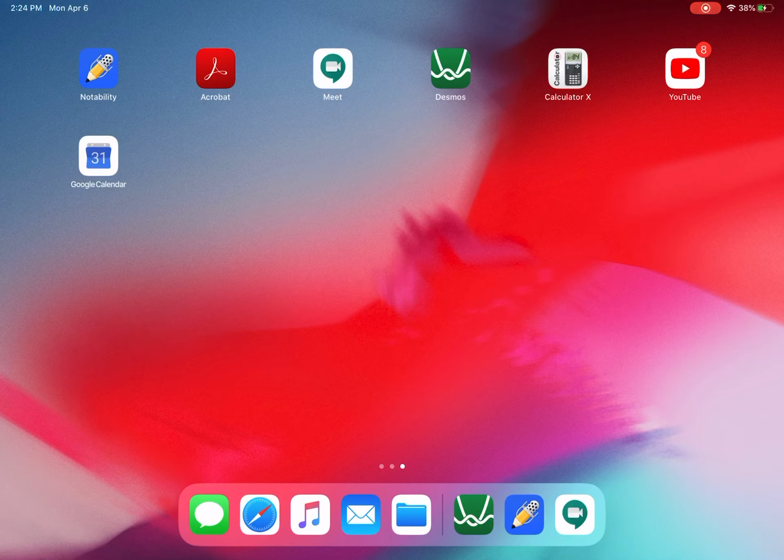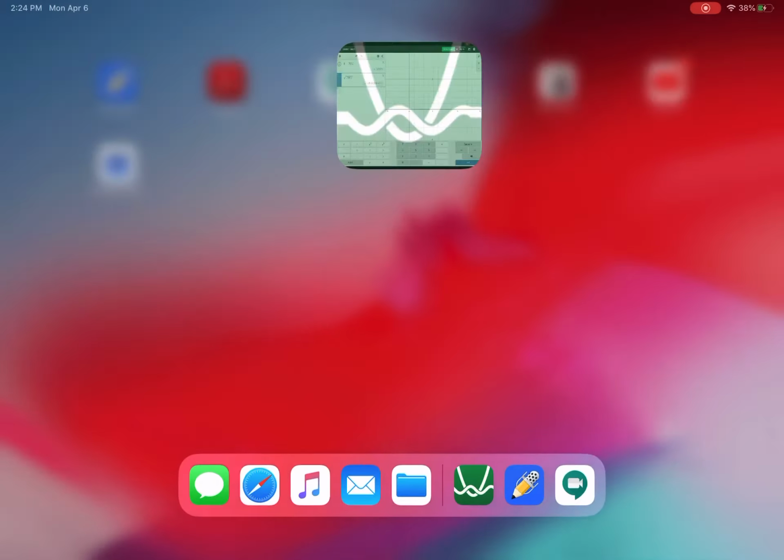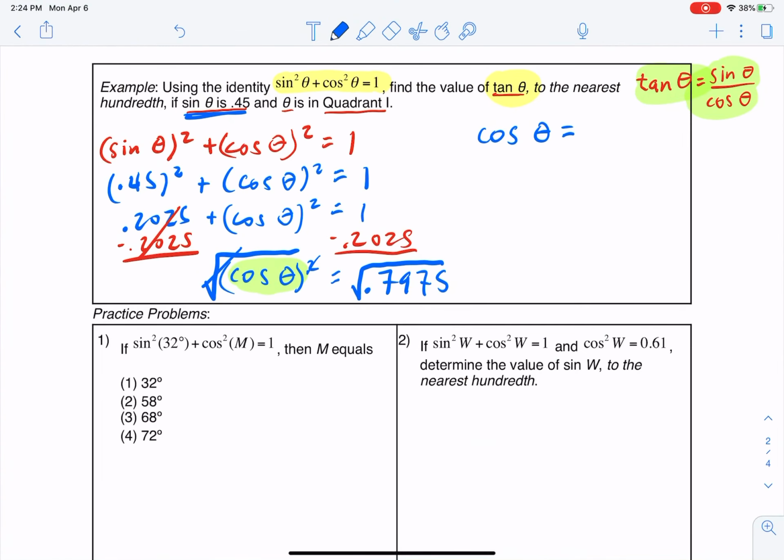All right, so square root 0.7975, and I get 0.8930. All right, so cosine of theta equals that.